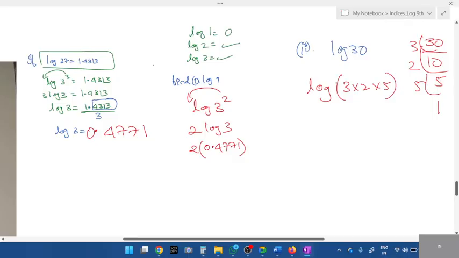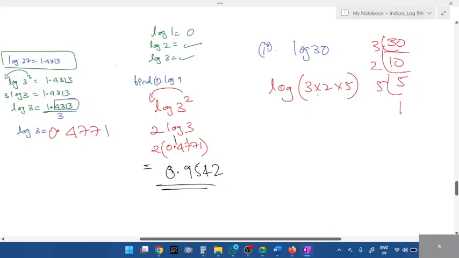First complete this, I'll teach all this. Tell me the answer for log 9. This is the answer: 0.9542. All of you got 9542.